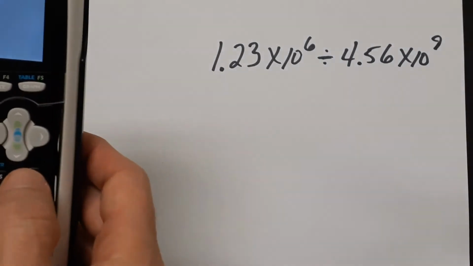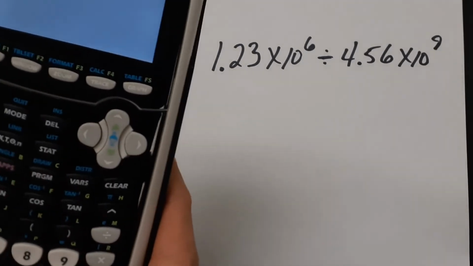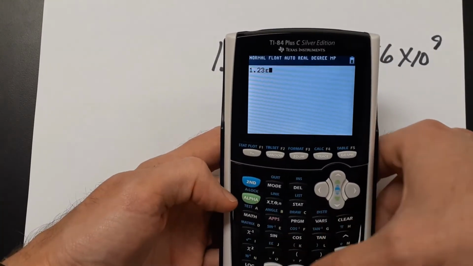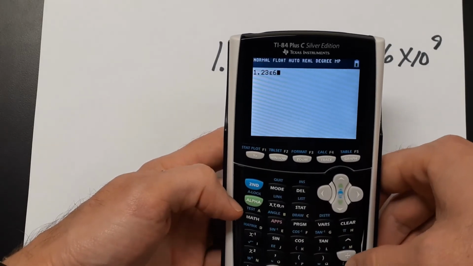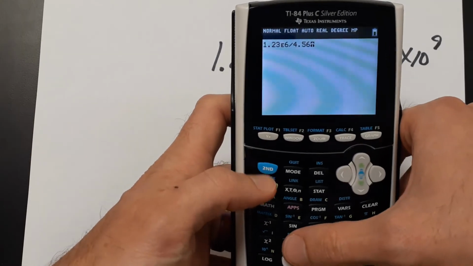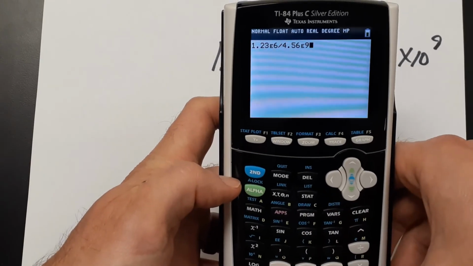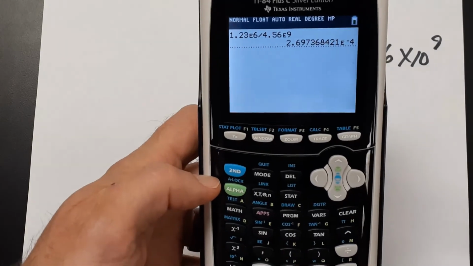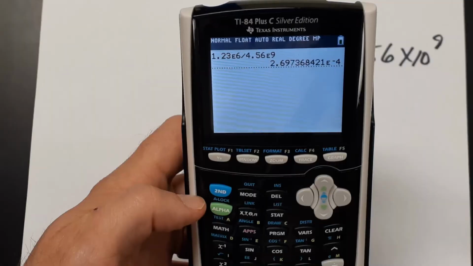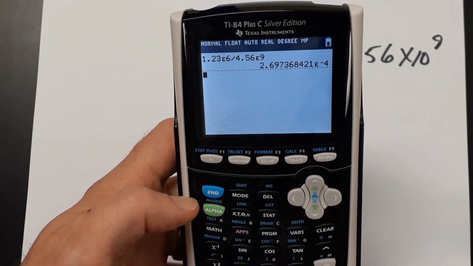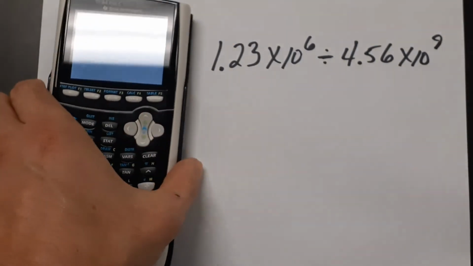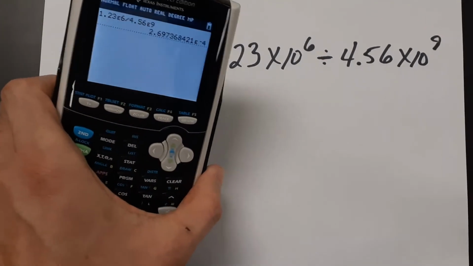Second, enter the exponent of 6, divided by 4.56, enter the exponent of 9. Now this graphing calculator tends to give you scientific notation on small answers like that, 2.7 times 10 to the negative 4. But on any kind of Texas Instruments calculator, you're looking for that double E button.